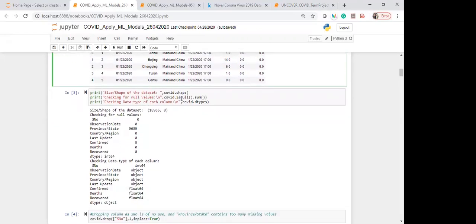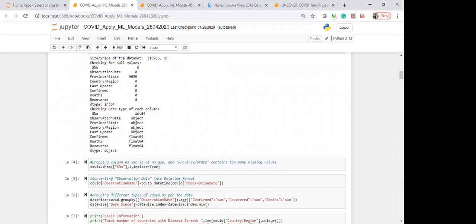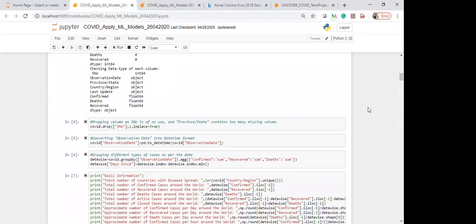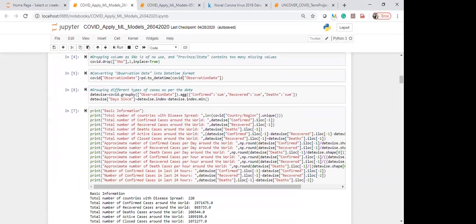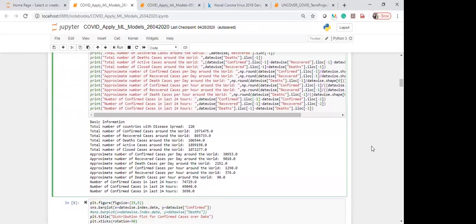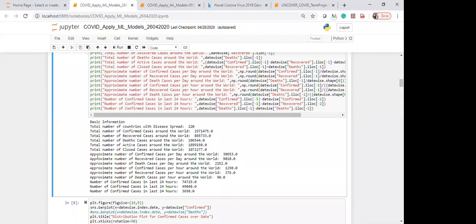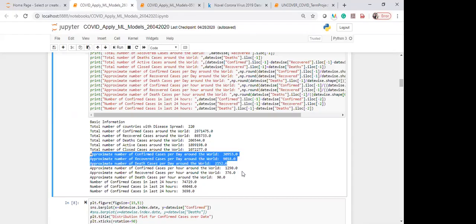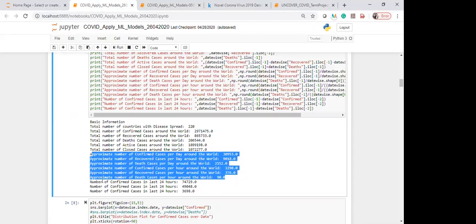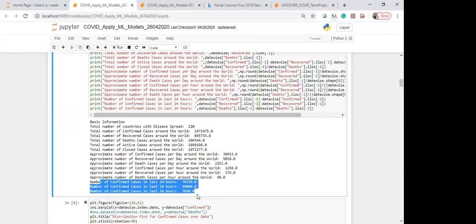Then I try to see the shape, whether there are any null values, and the data types of each feature. And then I have computed a few facts here, like the total number of countries with the disease spread, the total number of confirmed cases, recoveries and deaths around the world, the active cases, the per-day numbers, and the cases in the last 24 hours.